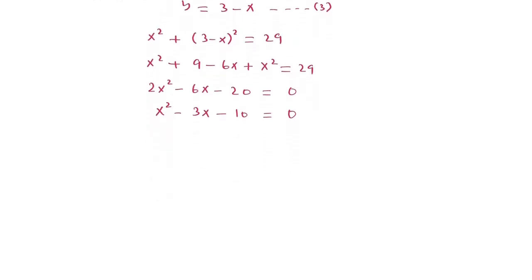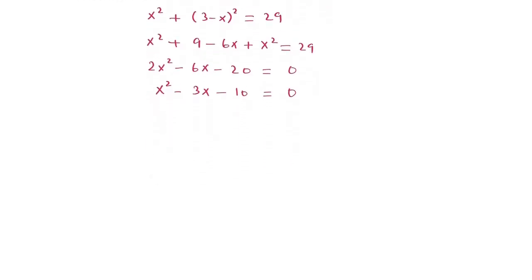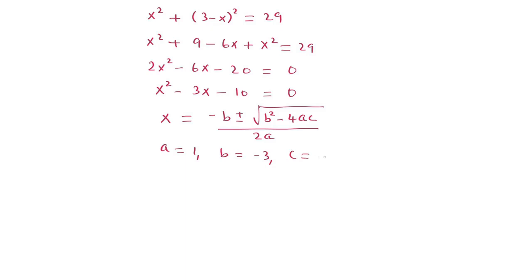Now let us solve the quadratic equation by the general formula, which says x equals negative b plus or minus the square root of b squared minus 4ac, over 2a. From our equation, a equals 1, b equals negative 3, and c is negative 10. So now let us substitute these values into our formula.